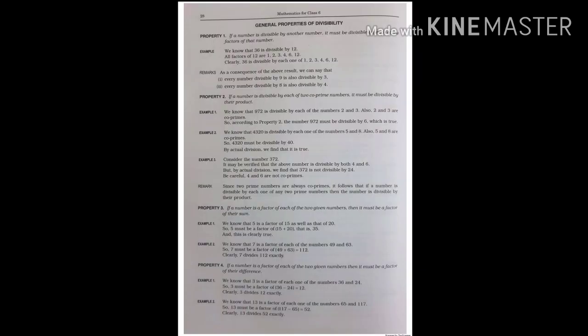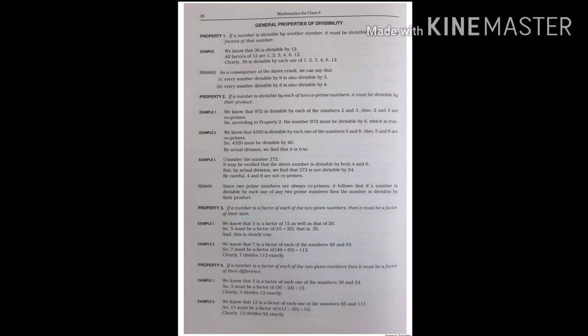Now the next topic is general properties of divisibility. Students, it's very important to understand it properly. The first property, property 1: if a number is divisible by another number, it must be divisible by each of the factors of that number. For example, let's take 36. 36 we know is divisible by 12, and all the factors of 12 are 1, 2, 3, 4, 6 and 12.